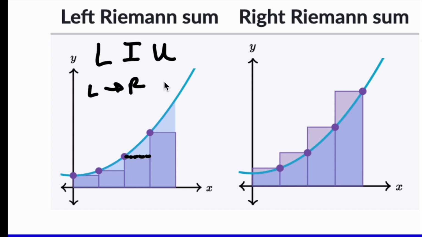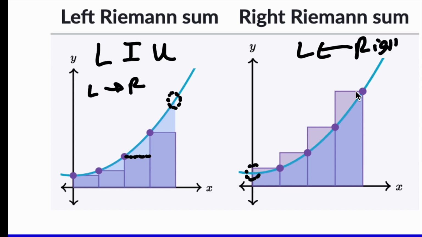Now, when we go to the right Riemann sum, we are going to be on the upper right corner of the rectangle on the graph. F of on the graph. Here, that f of is excluded because this is a right Riemann sum. I forgot to mention that this f of is excluded because it's a left Riemann sum. There's a phantom spot there, just like there's a phantom spot here. Now, with the right Riemann sum, we're going to draw our horizontal line from right to left.